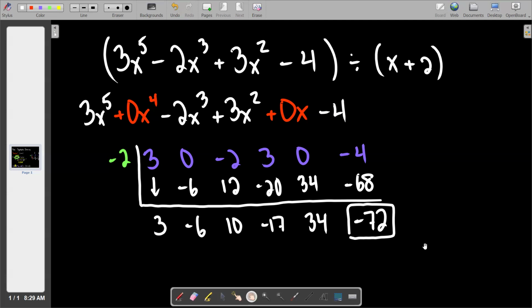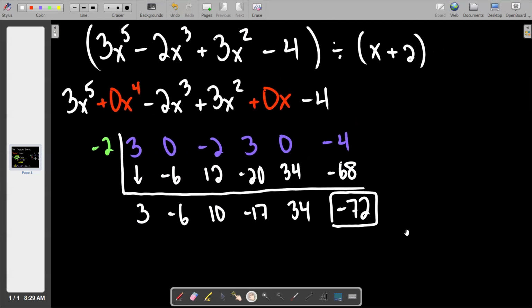So let's practice writing this out as a quotient plus remainder over divisor. This started as x to the 5. So what's my leading term going to be? X to the 4, because that's 1 less than 5.